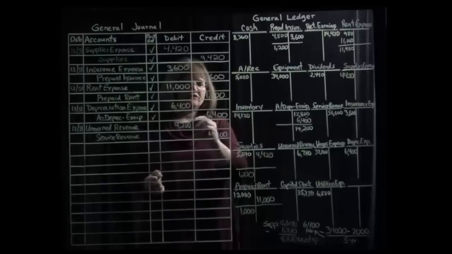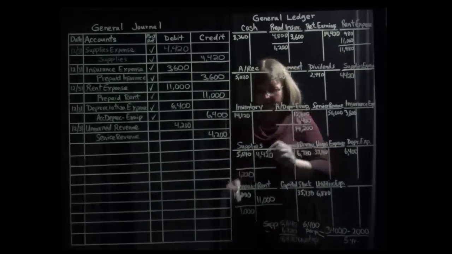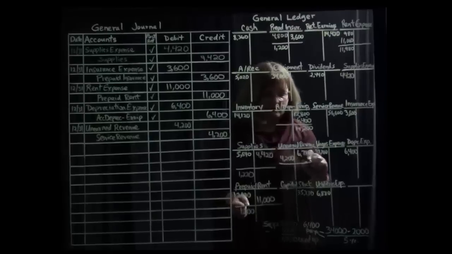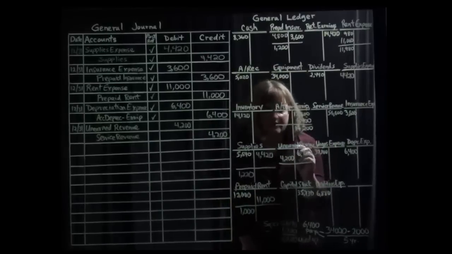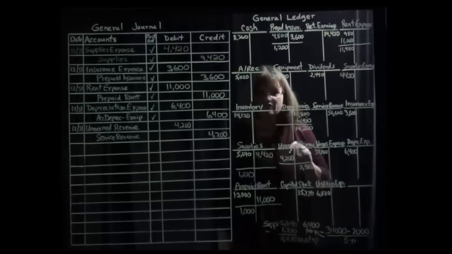When we post that journal entry then, we're going to debit the unearned revenue, which was here, and that will bring the balance in that unearned revenue account to $2,580. That's the amount of service that we owe our customers now.